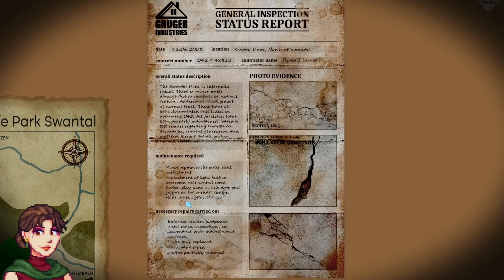Graffiti reads, Kurt Eggers told you. Who is that? External repairs postponed until main inspection in accordance with maintenance contract. Light bulb replaced. Glass pane taped. Graffiti partially removed.